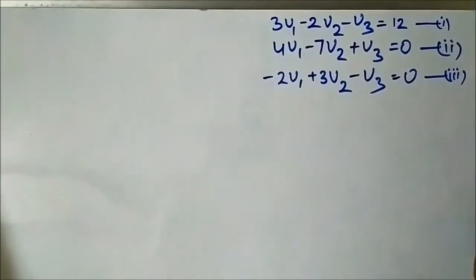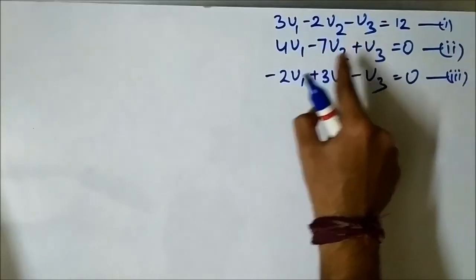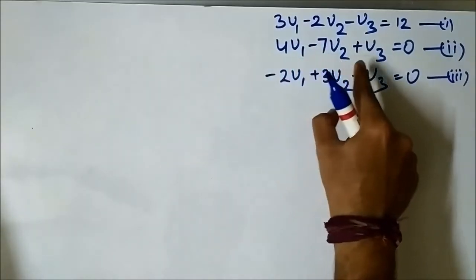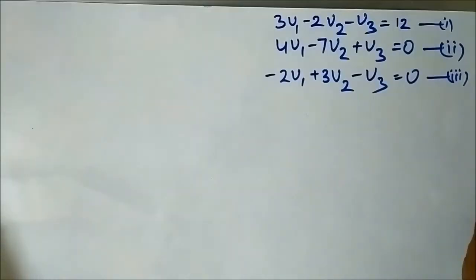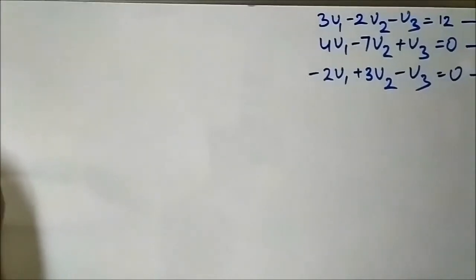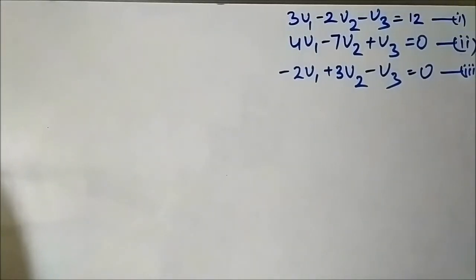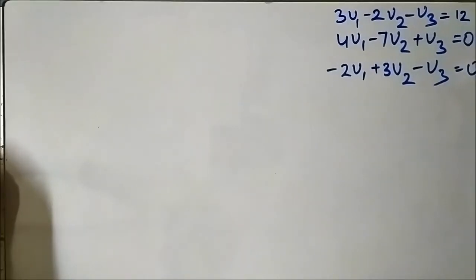So these are the three equations: 3V1 plus 2V2 minus V3, 4V1 minus 7V2 plus V3 is equal to 0, minus 2V1 plus 3V2 minus V3 is equal to 0. You can note these equations down, because due to lack of space a part of this will not be visible.